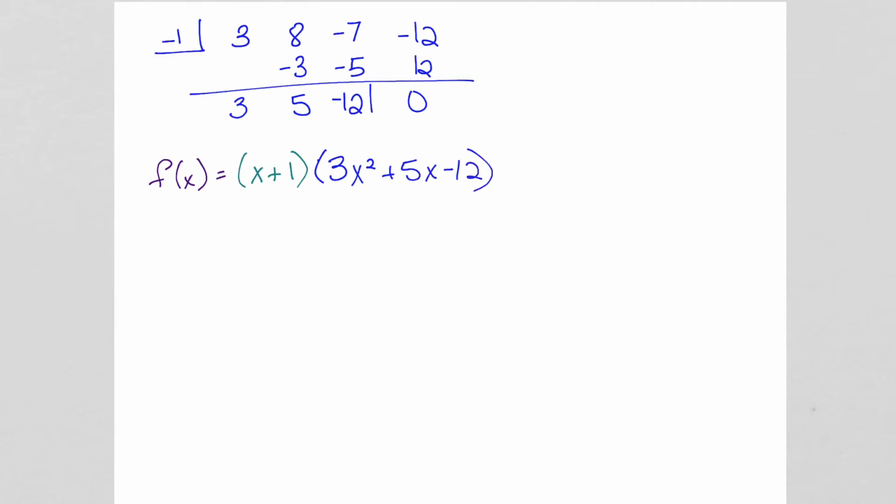Okay? Well, now we need to factor that. Taking 3x squared plus 5x minus 12 to factor, 3 times -12 is -36. What multiplies to give us -36 that adds to give us positive 5x? 9 and -4.